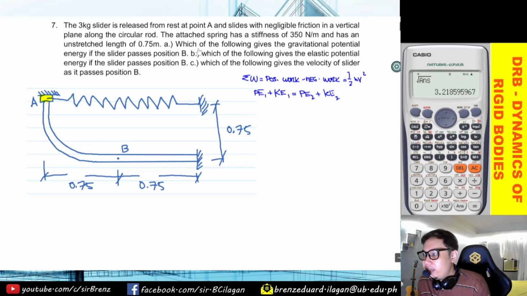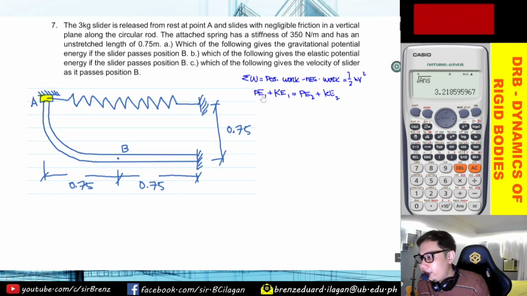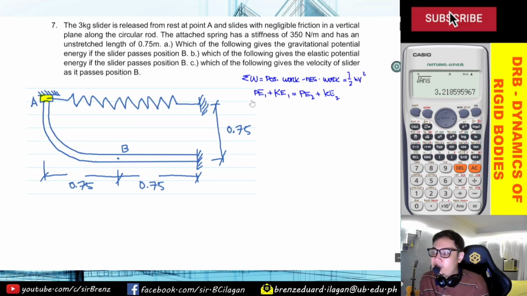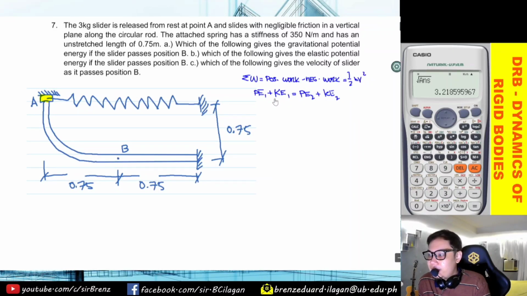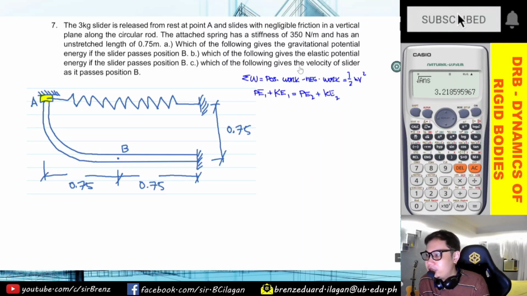Isa dyan, isang potential energy na pwede nating i-consider is yung gravitational potential energy. So, may potential na mag-release siya ng energy. And then, ganun rin yung spring, di ba? So, meron din siyang potential energy. Ang tawag naman sa kanya is yung elastic potential energy.